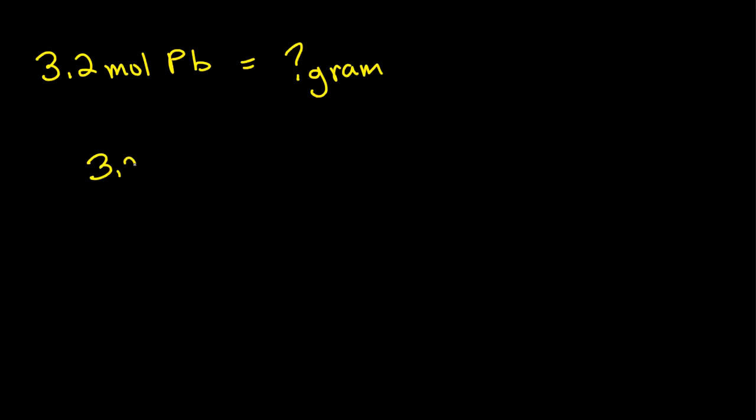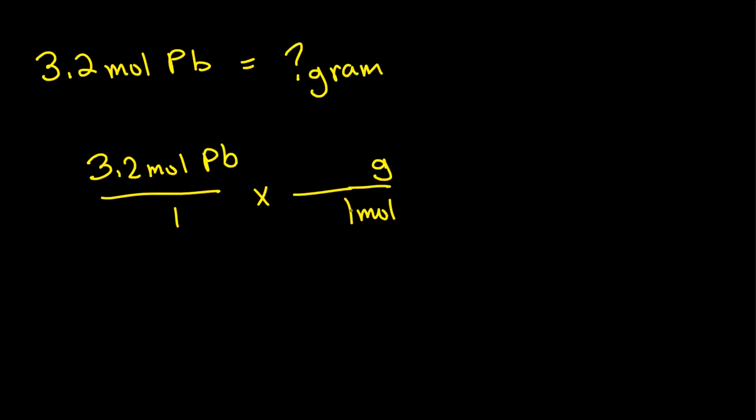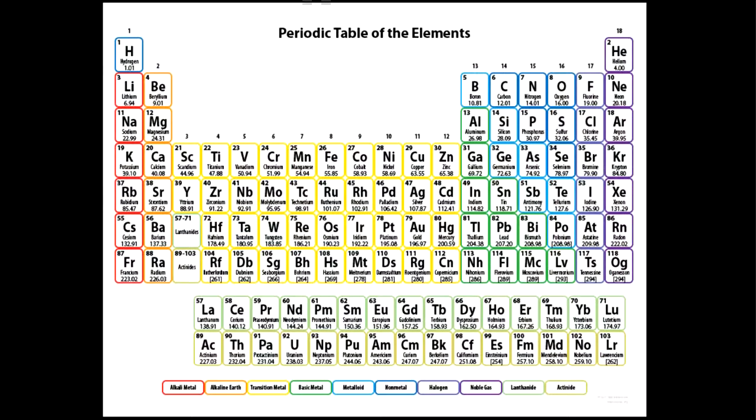I got 3.2 moles of lead. Stick that over 1, and I'll multiply that by a ratio. Since moles are on top at the start, I want moles to be on bottom at the end, so it cancels out, and I will have grams on top. Well, 1 mole of lead is equal to how many grams? Got to go back to my periodic table. I find lead is 207.2.